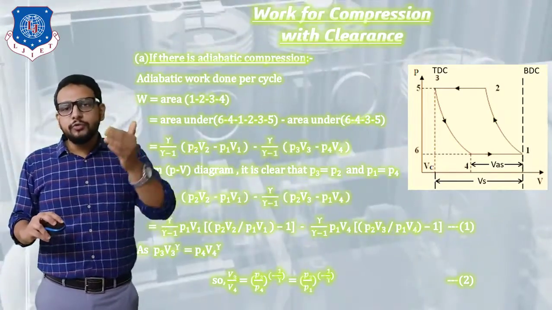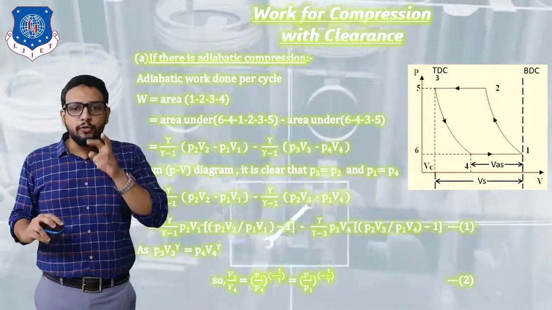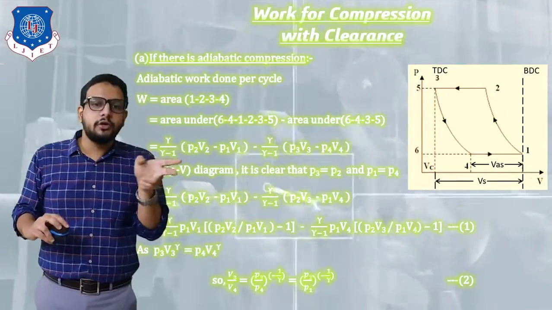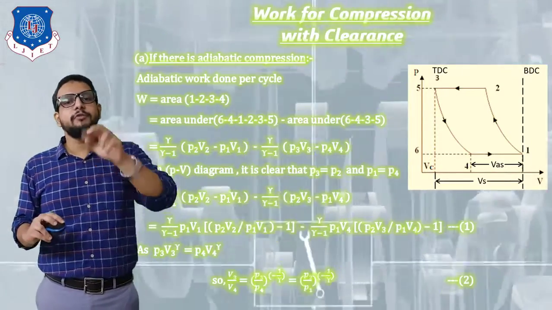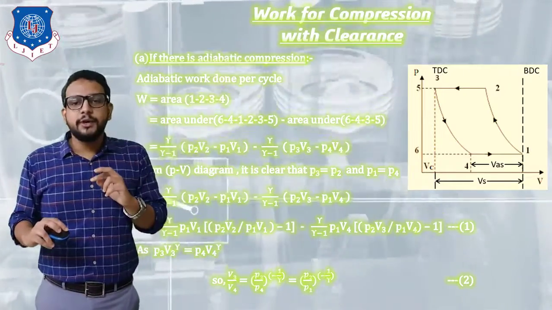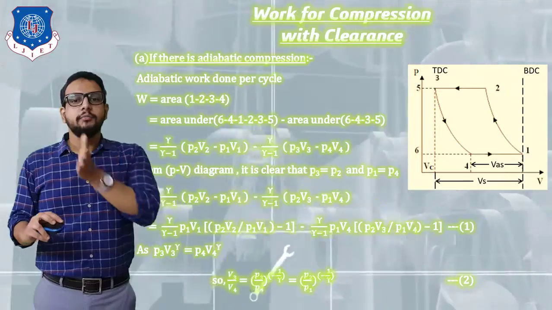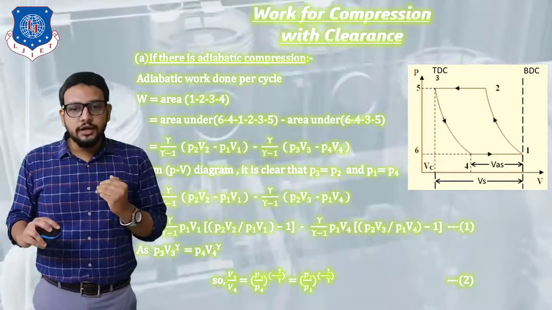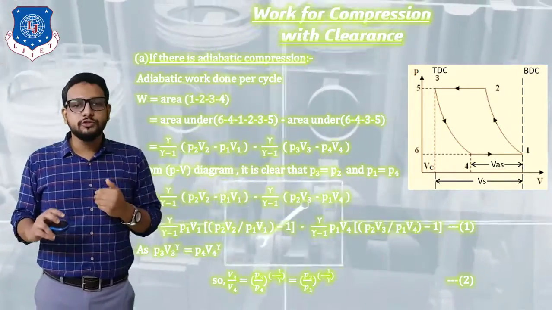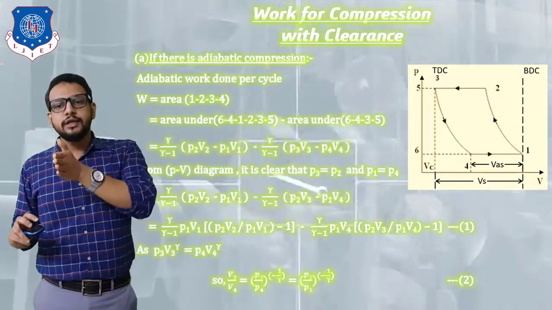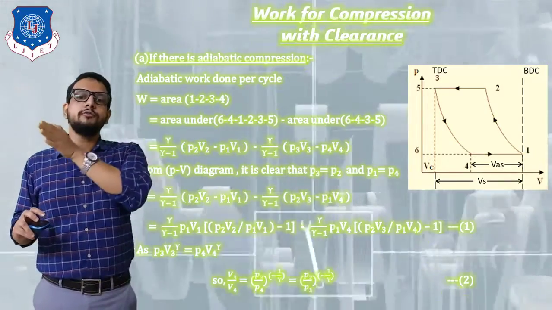Now what we are going to do in the next step is very predictable. I am going to take P1 V1 common out. So gamma upon gamma minus 1 P1 V1, in a bracket P2 V2 upon P1 V1 minus 1, minus gamma upon gamma minus 1. Now taking P1 V4 common out, we can write P2 V3 upon P1 V4 minus 1.